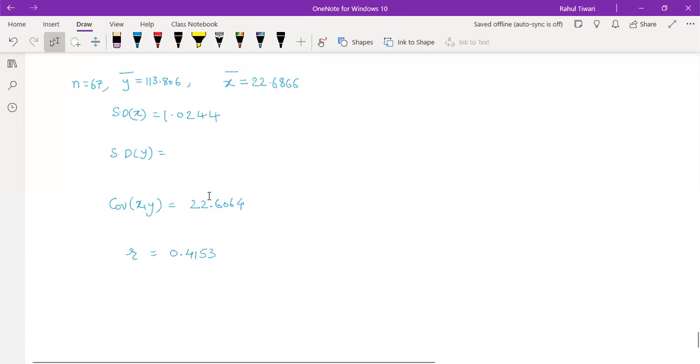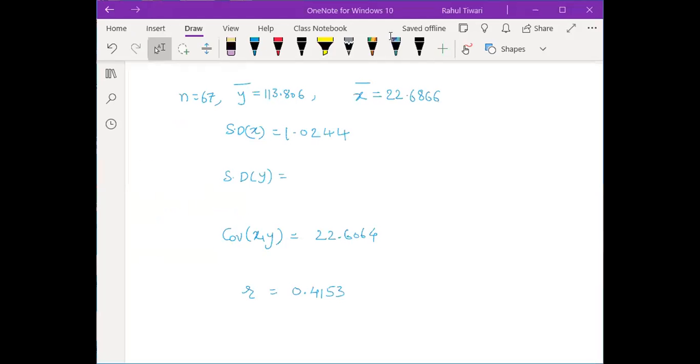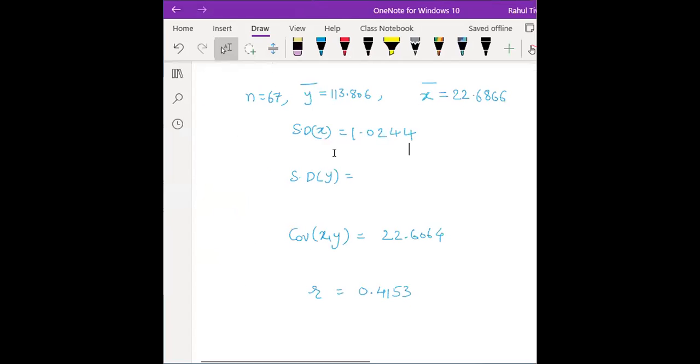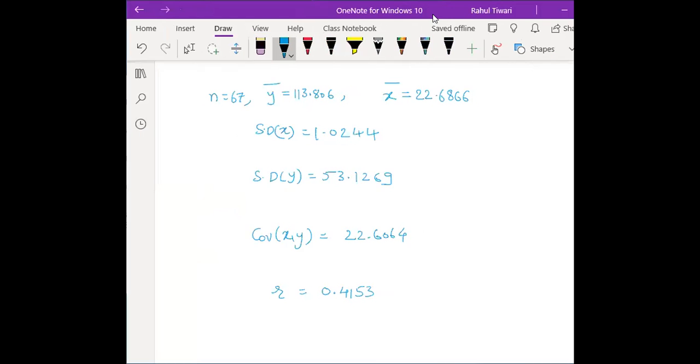Just calculate and tell me. The standard deviation of Y is 53.126, approximately 53.1269.